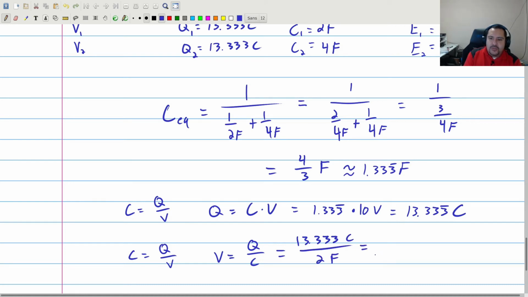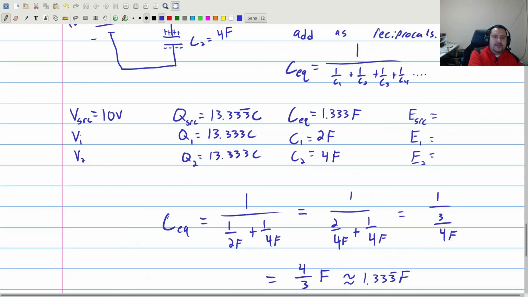And 13.333 divided by 2, I get 6.666 repeating. This is volts.